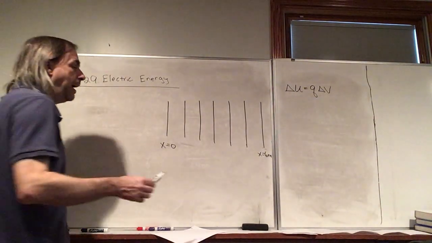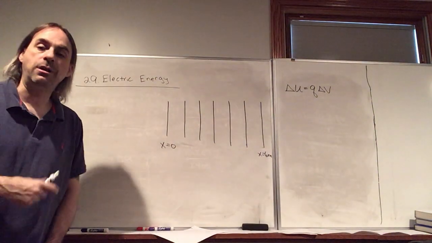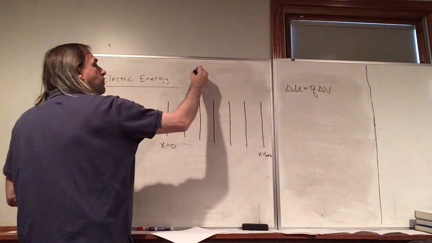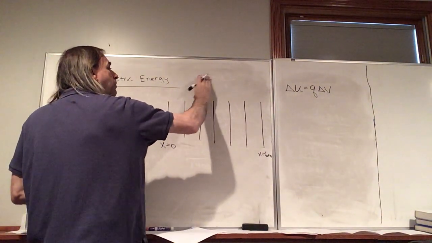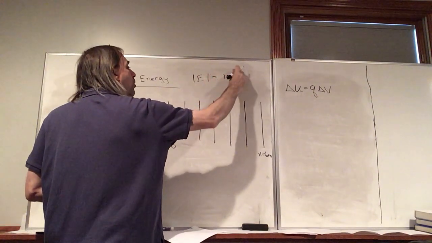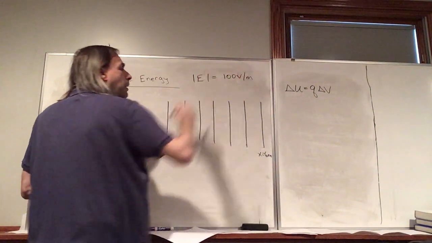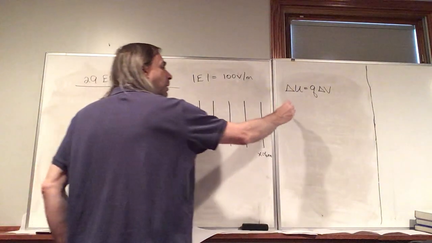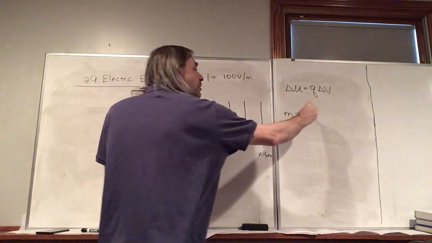Okay. And as far as voltage is concerned, let's say the electric field is 100 volts per meter. So we have an electric field with a magnitude of 100 volts per meter. And we have a particle, let's say we have a mass, I just made up some numbers here.